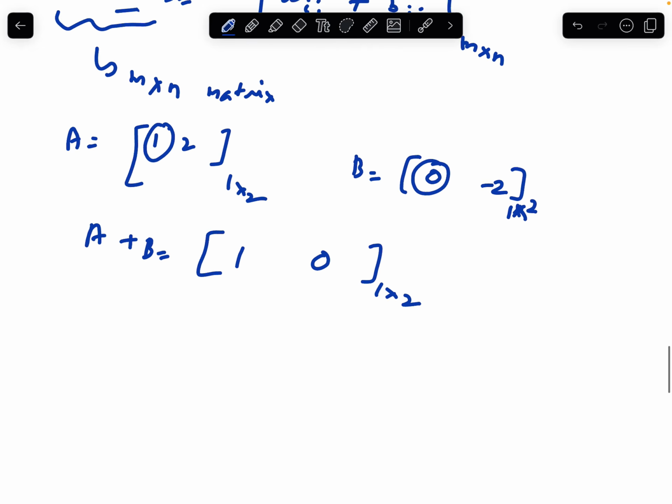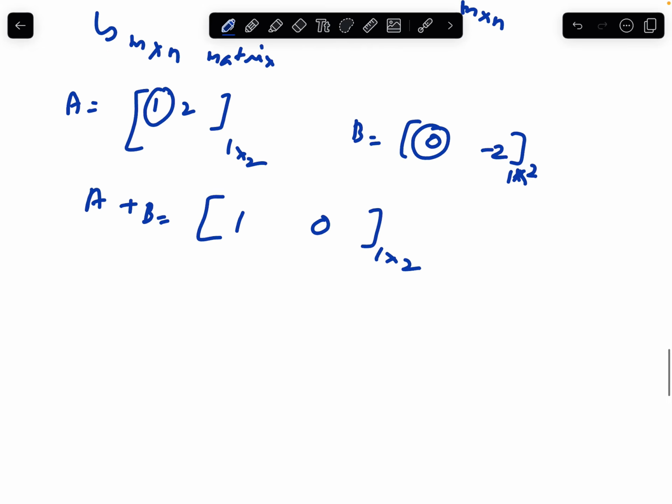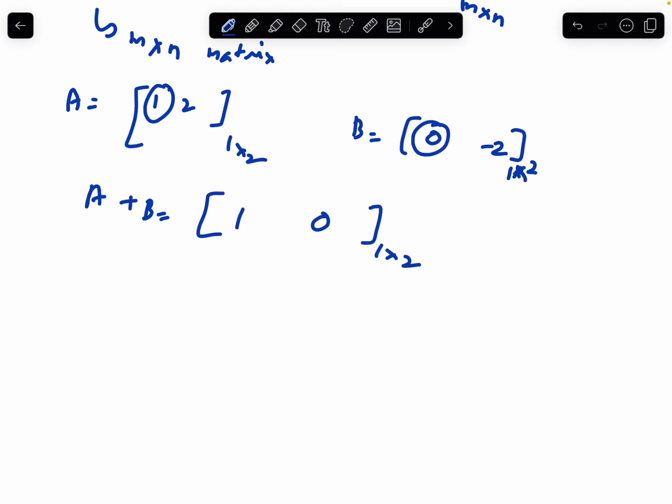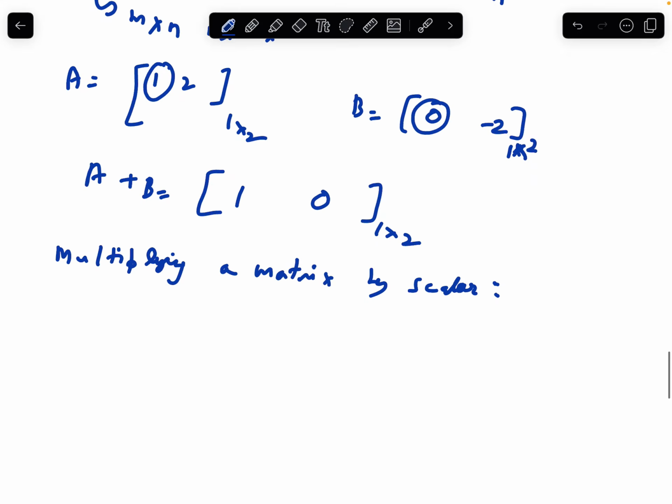Okay. Now, how to multiply a matrix by a scalar? So cA equals c times Aij, m by n.